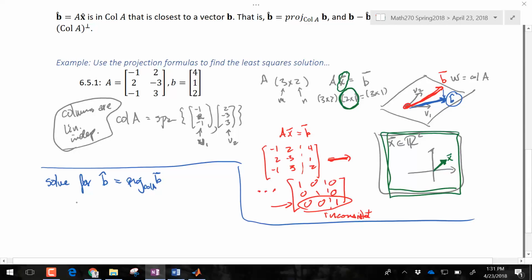I don't want to call it U yet, but W. Let's call it W. We have a vector in R3, B. X is in R2, but let's just put that aside for now. That's what we're going to solve for.